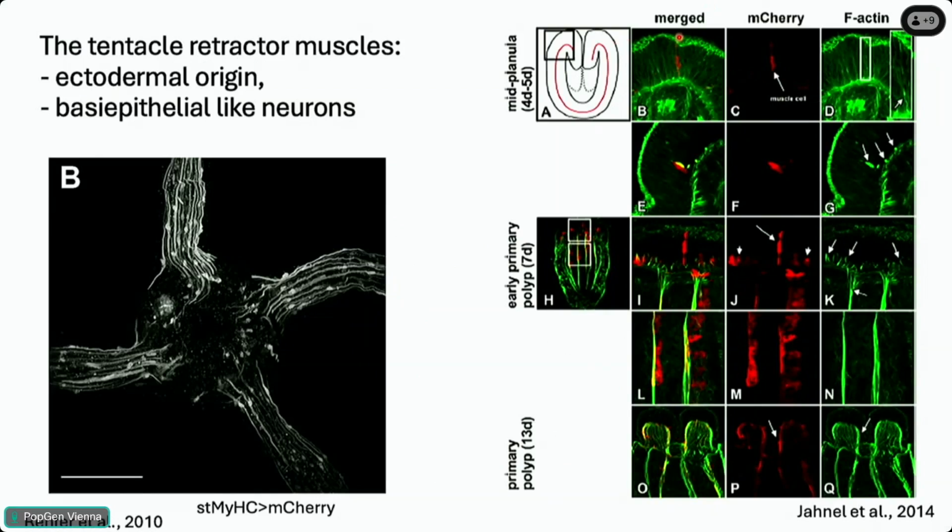Unlike the other myoepithelial cells, which are always attached as epithelial cells at the base, at the apical end, these ones detach, and then take on a position at the base of the epithelium, like neurons do. Actually, when a neuron is born, it also does the same, and then they extend their myofibers longitudinally.